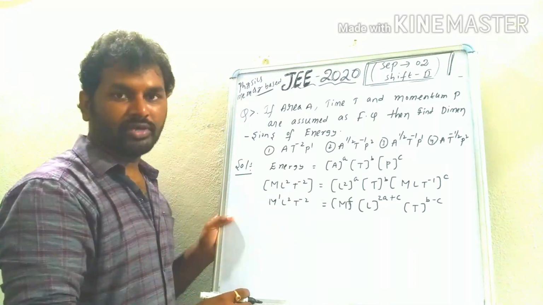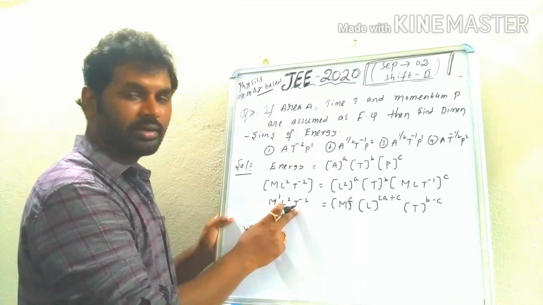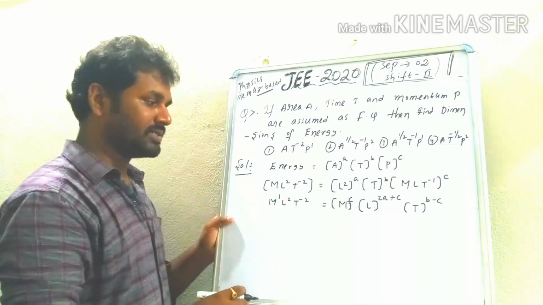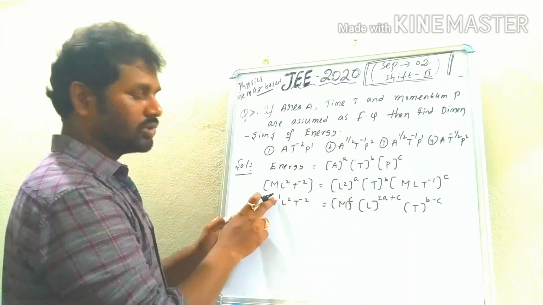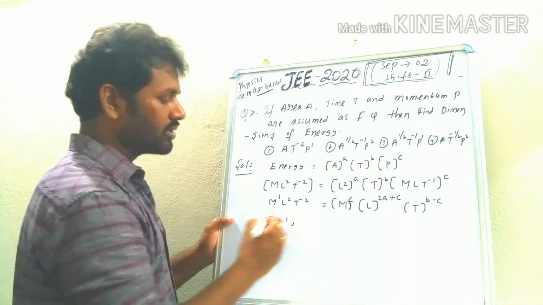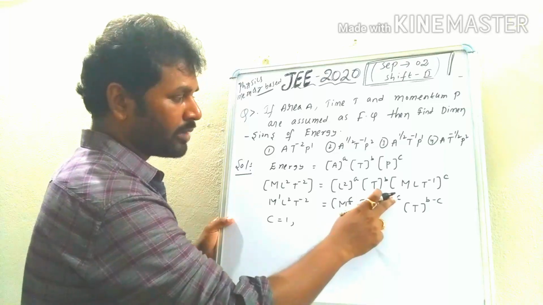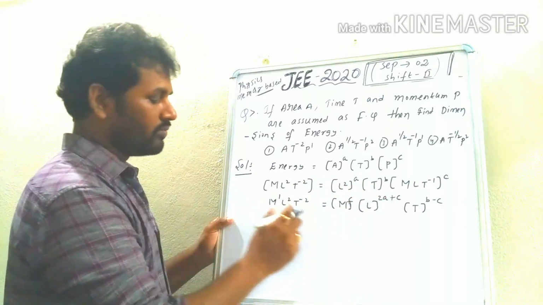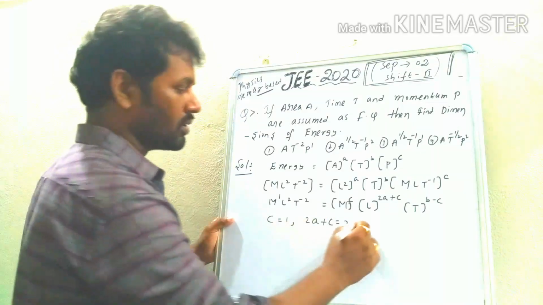Now comparing the powers of mass, length, and time on both the sides, you will get directly c is equal to 1. So I am writing here c is equal to 1. And L to the power of 2a plus c is equal to L square, which means 2a plus c is equal to 2.